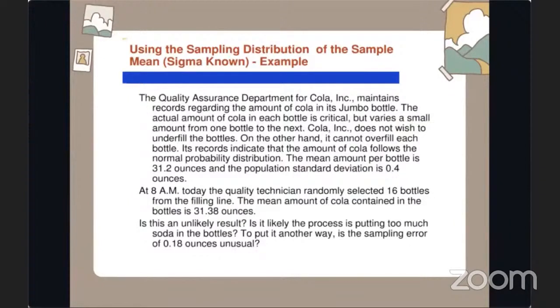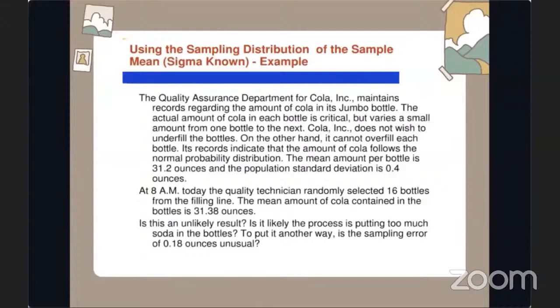The company does not wish to underfill the bottles. On the other hand, it cannot overfill its bottles. Its records indicate that the amount of cola follows the normal probability distribution. The mean amount per bottle is 31.2 ounces and the population standard deviation is 0.4 ounce.